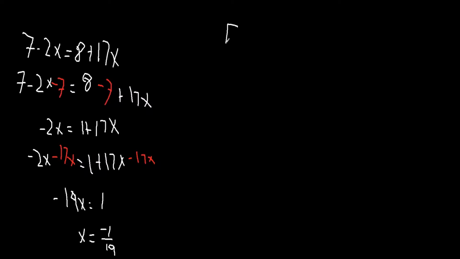Now we have 5 minus 3x equals 4 minus 2x. So here again, it's pretty much the same thing. We have 5 and 4 and negative 3 and negative 2. So we can combine our like terms by moving this 4 to our left side.